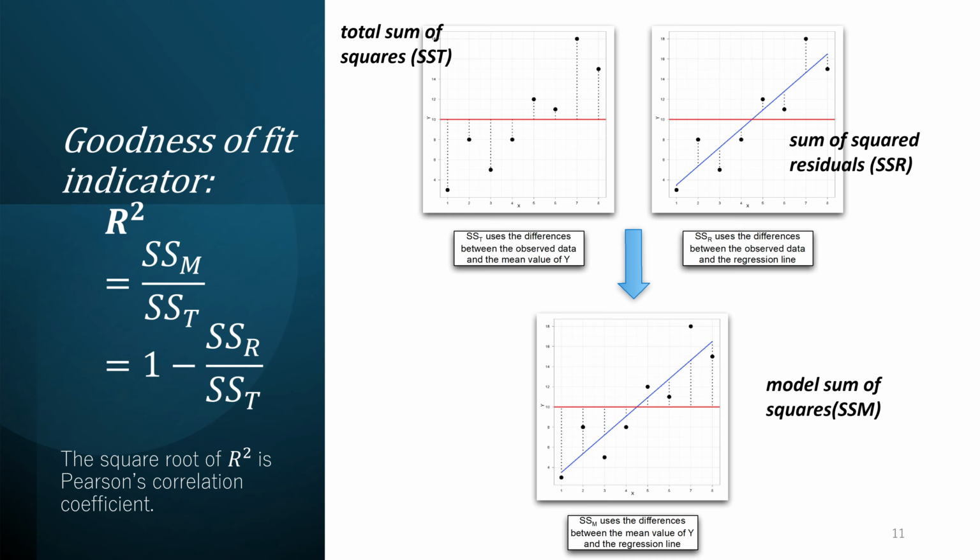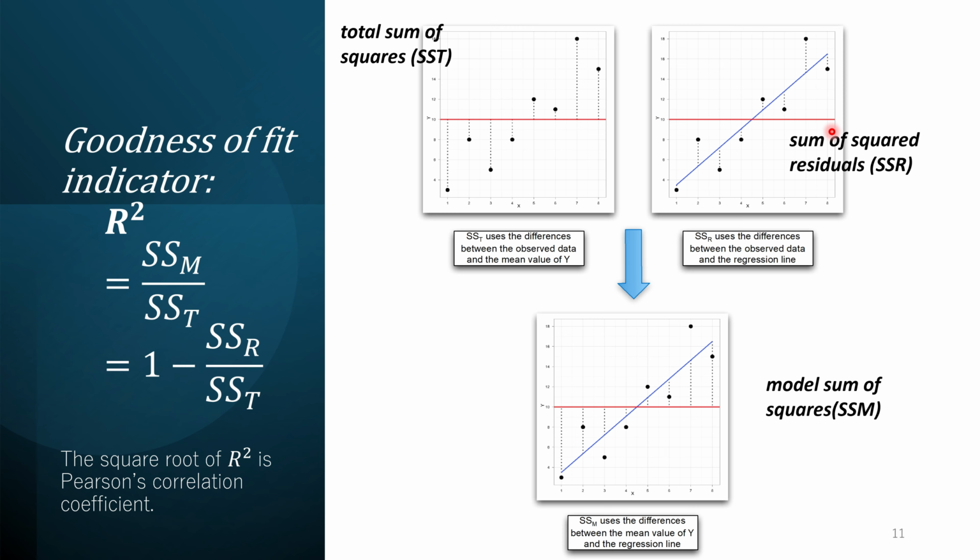It's calculated using three kinds of sum of squares: SST, SSR, and SSM. SST is the total sum of squares, showing how much y varies from its mean. The red line is the mean, and this is the difference.